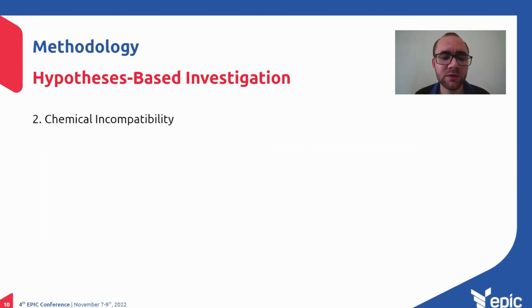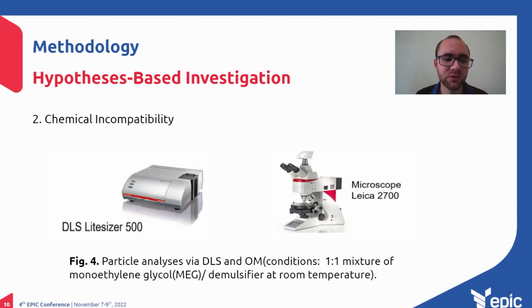For the chemical incompatibility, we used the same equipment, DLS and optical microscope. Here the conditions were a 1 to 1 proportion: 1 volume of the demulsifier with 1 volume of monoethylene glycol. We used MEG only at this moment, at room temperature. So here we saw the compatibility between the demulsifier and the MEG.